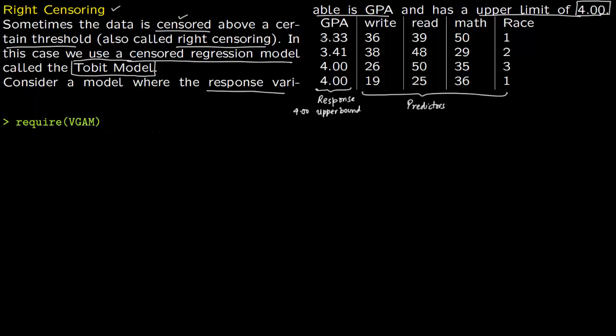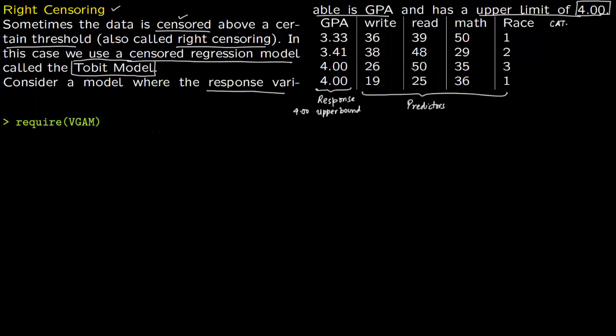Row 1 says that the student's GPA is 3.33. His writing score is 36, reading score is 39, math score is 50, race is 1. Race is a categorical variable. Row 2 says the student's GPA is 3.41, writing score is 38, reading score is 48, math score is 29, race is 2. Then row 3, GPA is 4.